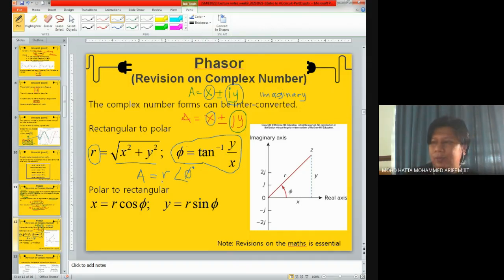And if you have a polar form, you can always convert it also into a rectangular form. If you try to convert into rectangular, you will use this equation and also this equation for x and y respectively.